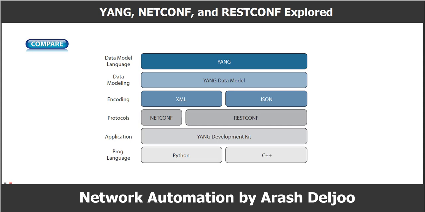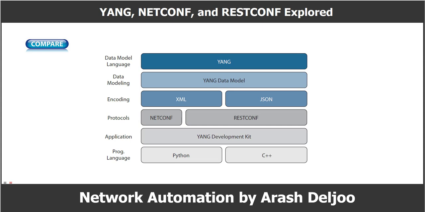NETCONF can deploy across multiple devices by using a network-wide transaction. RESTCONF, on the other hand, has no concept of a transaction. A RESTCONF call uses HTTP POST, PUT, PATCH, or DELETE methods to edit data resources represented by YANG data models.